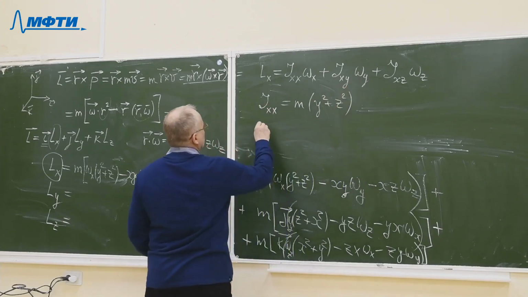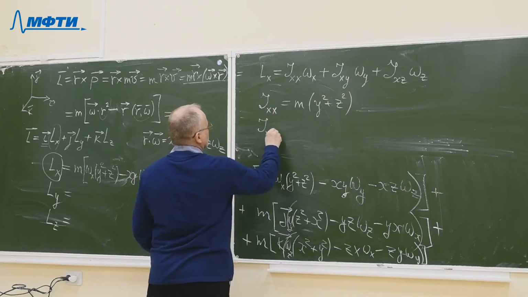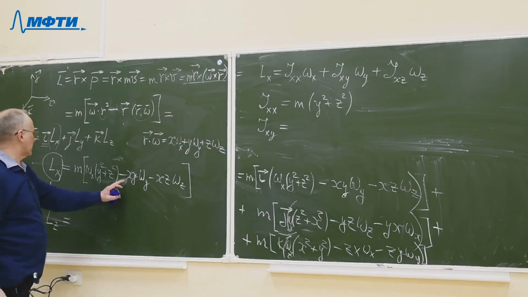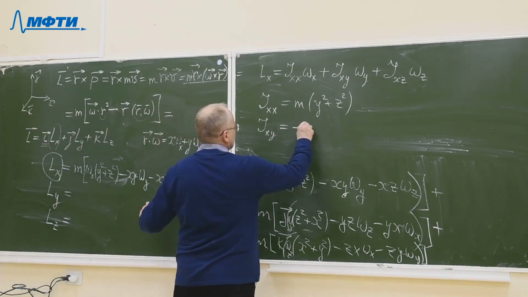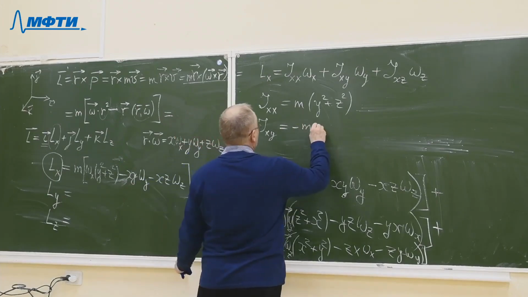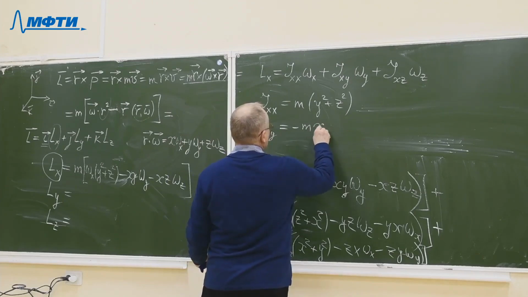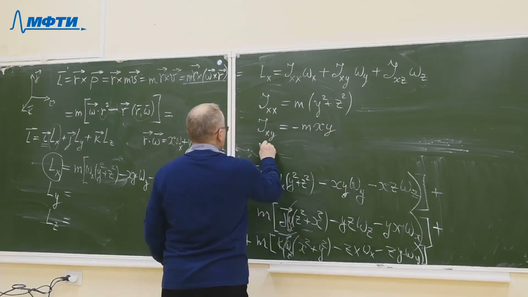And another component of the tensor of inertia will be another coefficient at omega y. That will be minus m x y.